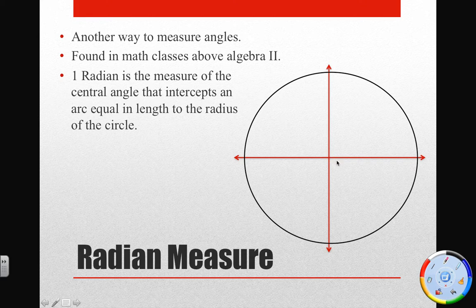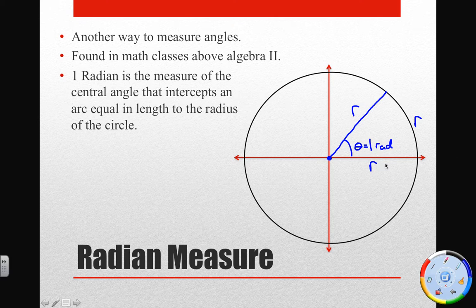So if you have this radius that is r, and it comes up here like this, and this is r, the central angle, meaning the vertex is at the center, by the way, central angle theta, this theta is equal to 1 radian, or 1 rad, if this arc is equal to r.